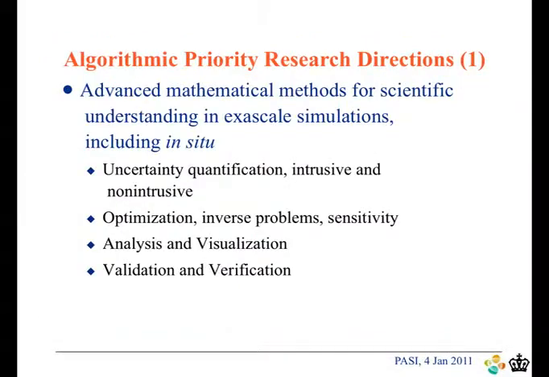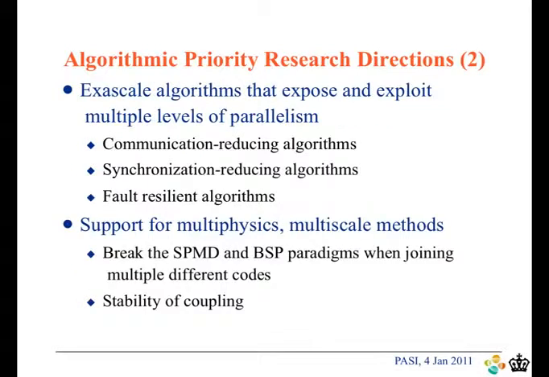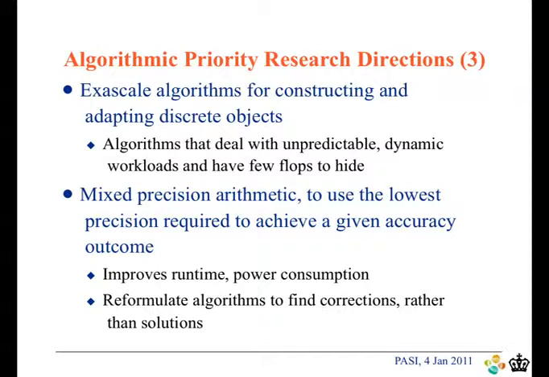So these are some priority research directions: advanced mathematical methods for scientific understanding and exascale simulations, including UQ, optimization, analysis, visualization, validation, verification. Exascale algorithms that expose and exploit multiple levels of parallelism, support for multiphysics, multi-scale methods, exascale methods for constructing and adapting discrete objects, the neglected frontier of algorithms, because algorithms that deal with unpredictable dynamic workloads have few flops.